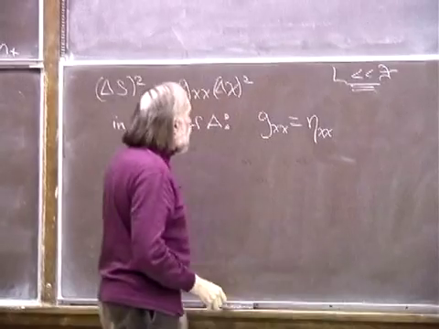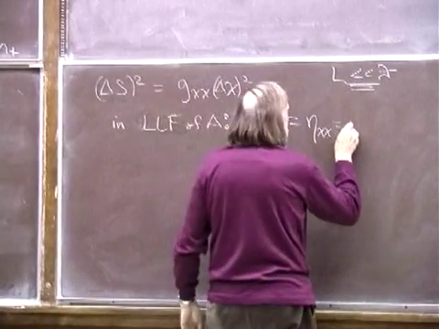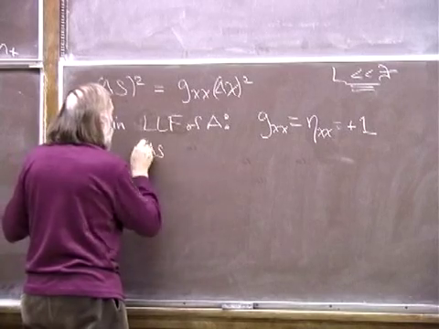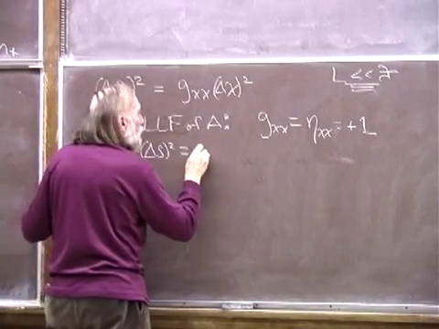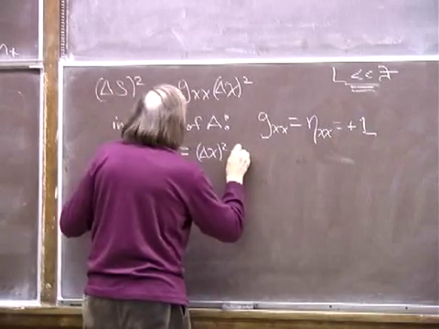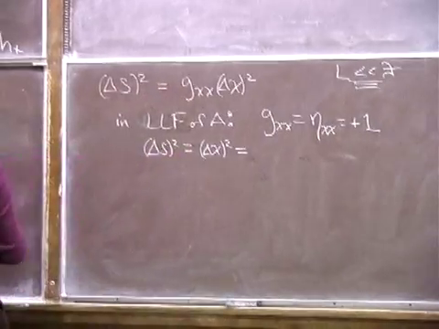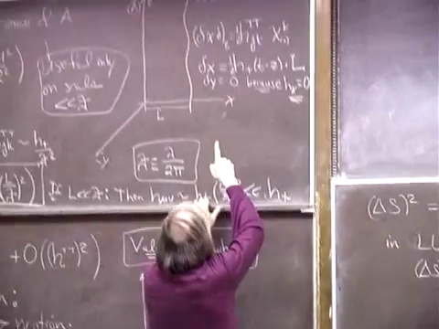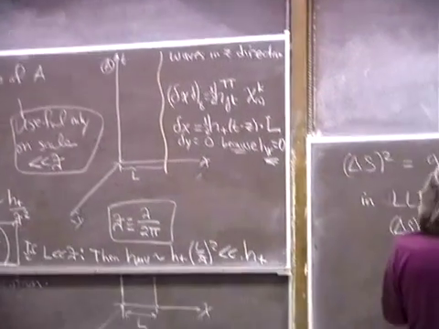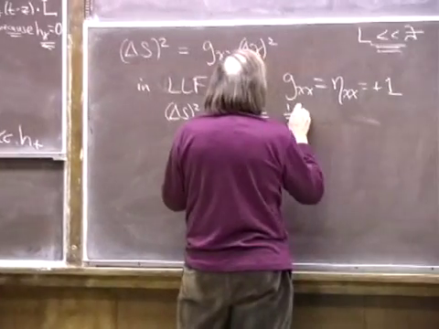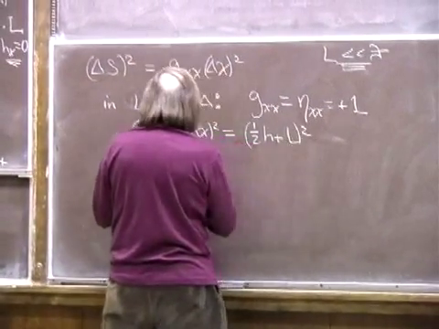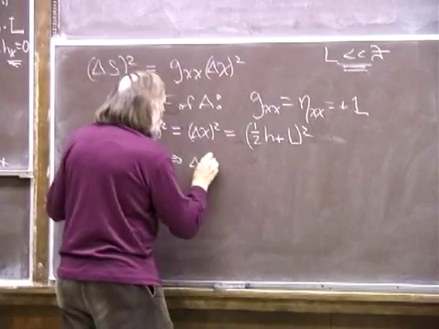So gxx is just equal to plus 1, and so delta s squared is just equal to delta x squared.